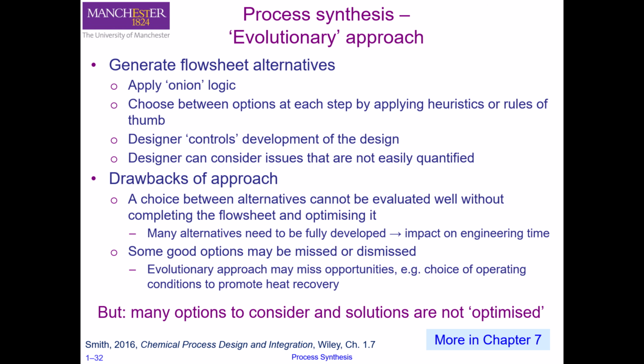But there are several drawbacks of this method as well. For example, a choice between alternatives cannot be evaluated well without completing the flow sheet and optimizing it. Okay, so we have too many options and too many solutions to compare without optimizing it. So it takes much longer to evaluate all these options.